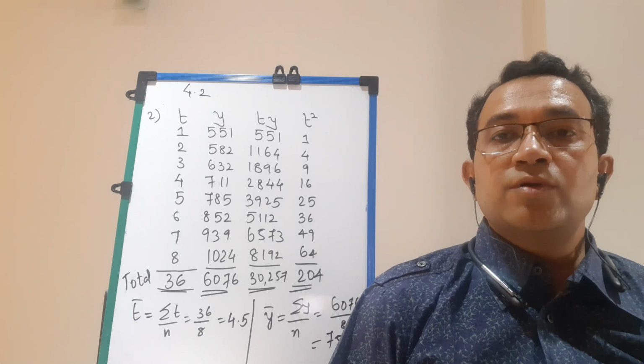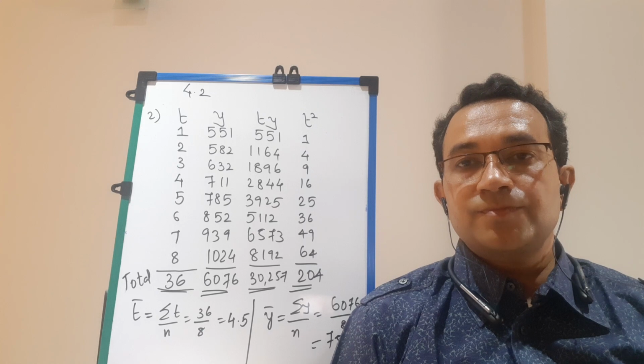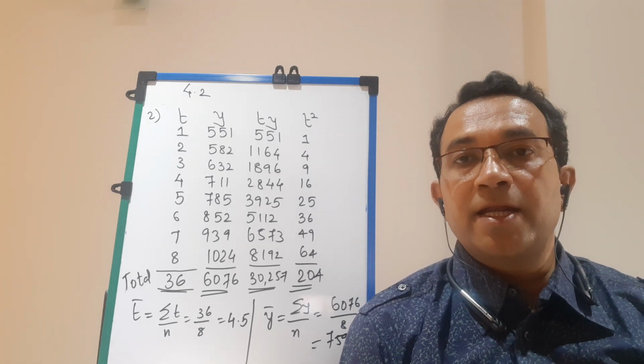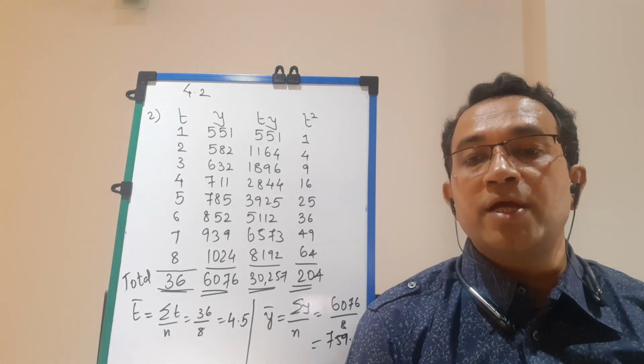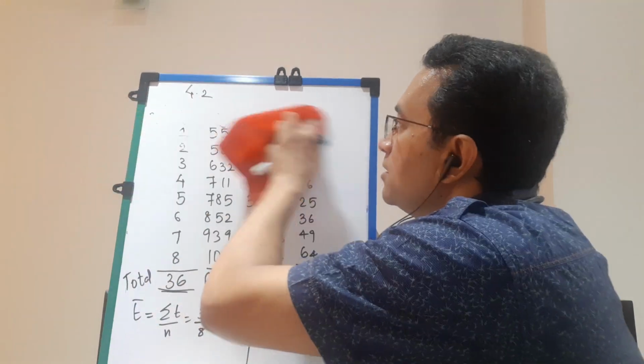So the table is over, students. 4 columns are universal. Then which are the next steps we are writing? The required trend line equation is yt cap is equal to a plus bt. I am erasing the table.